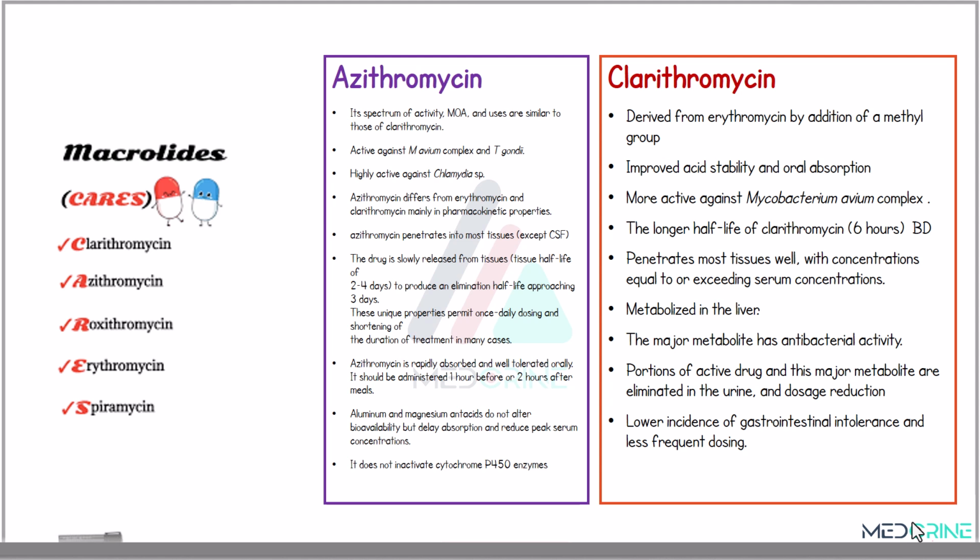Some portions of this drug are eliminated in urine, and therefore in patients with renal impairment we will need to alter the doses downwards. And generally, clarithromycin has a lower incidence of GI intolerance and less frequent dosing, which is important in reducing the GI disturbances.